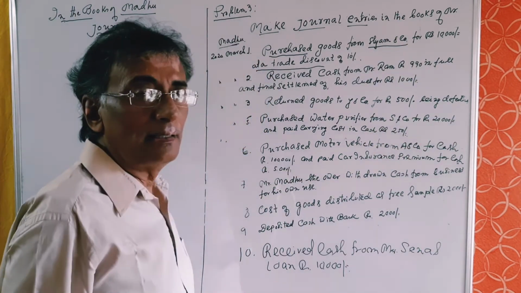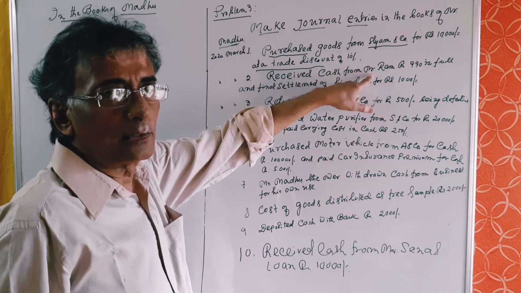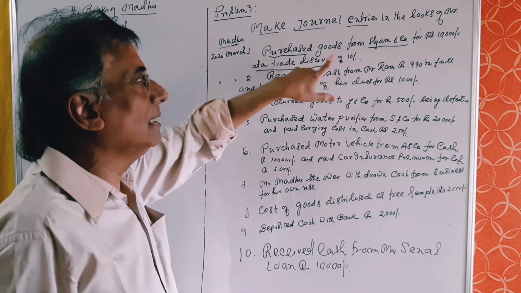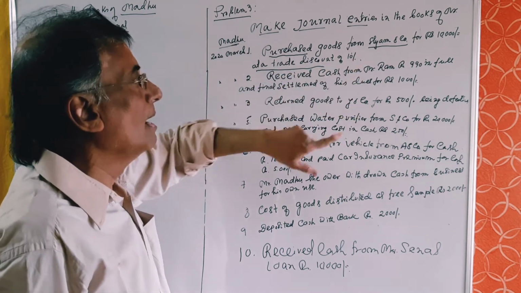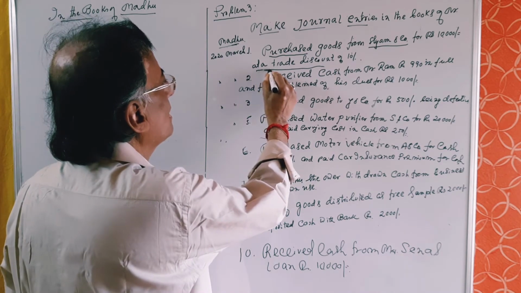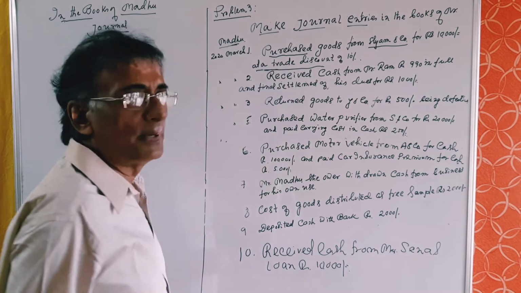It is a credit transaction because the name of the party is given and there is no mention of cash transaction. So it can well be assumed that it is a credit transaction.